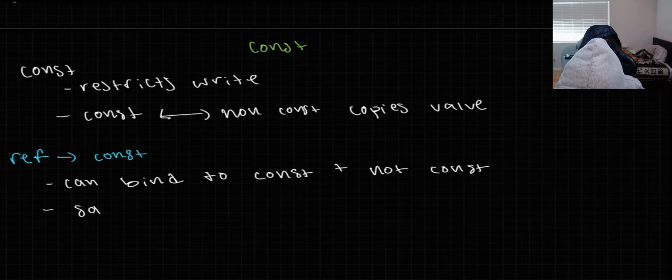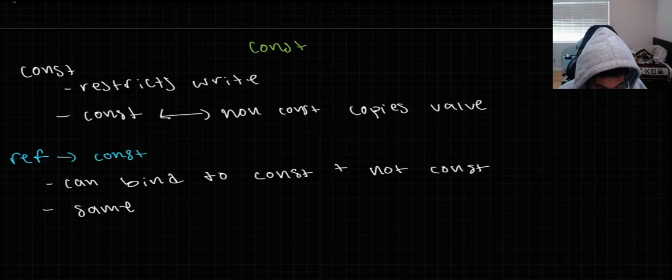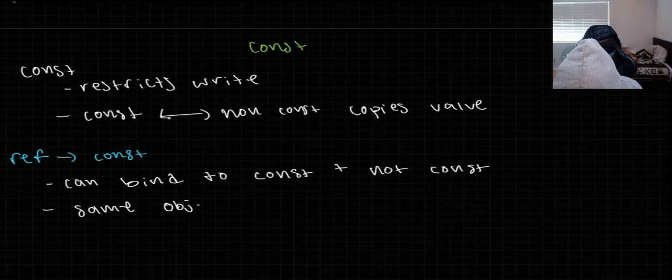It's the same object. Remember, a reference is just another name or an alias for an object. So a reference to a const, you are getting the same object with read-only access.